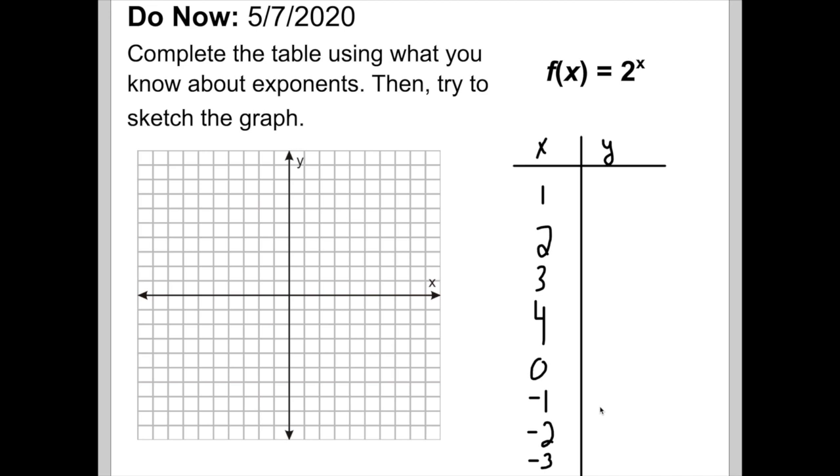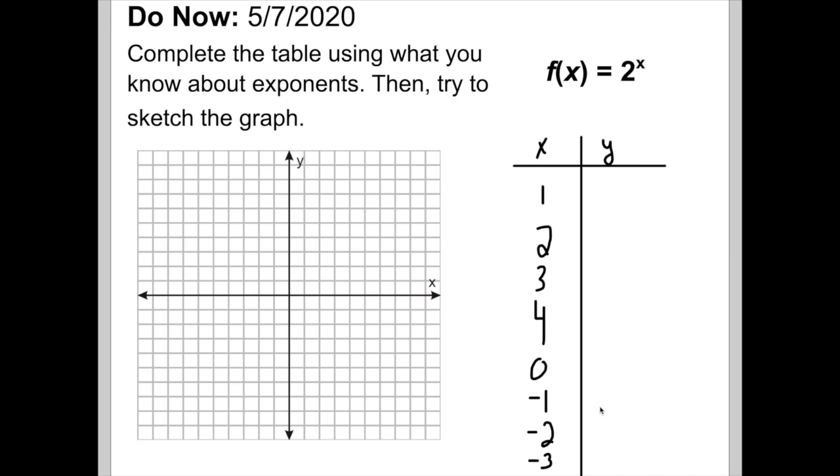Okay, so what we need to do is we need to plug in numbers for x. We need to see what comes out. We need to build a table, and we need to use that table to make a graph. So here you can see the x values, 1, 2, 3, 4, 0, -1, -2, and -3.